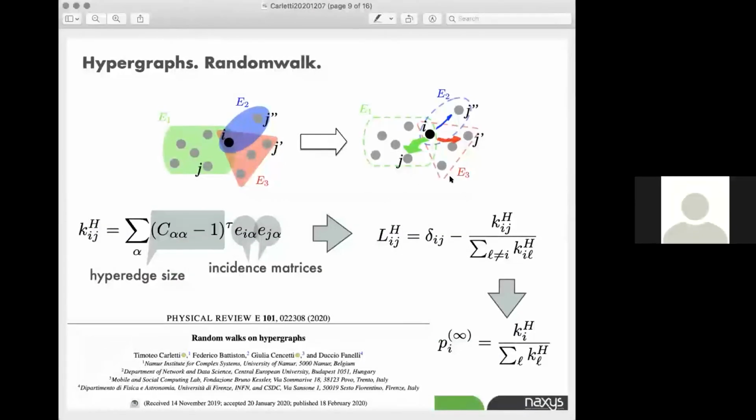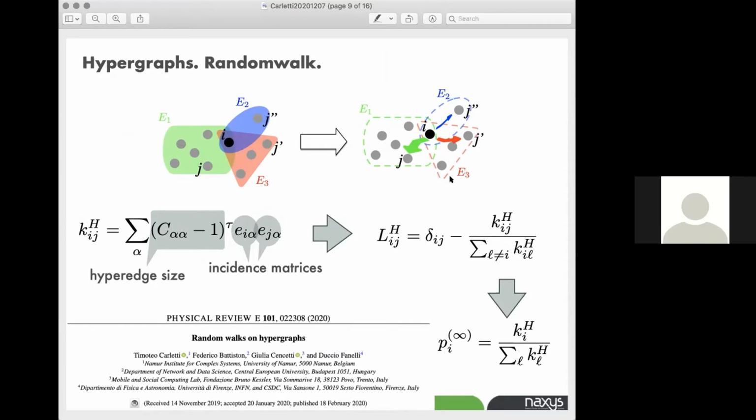So the idea is to extend the random walk process to this kind of hypergraph. Here we start from the following idea: if you think again of the network where your nodes are authors who write papers together, here a hyperedge is a paper, and all the authors who wrote the same paper are part of the same hyperedge.